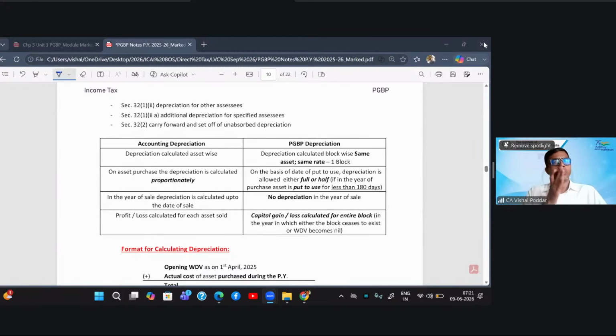No. Two laws, two subjects, two approaches. Like I'll put it another way. Even in accounts, you had SLM, WDV. Both had different ways of computing depreciation and were giving very different answers. But you never challenged, okay, this is right, this is wrong, or only this approach should be followed. No. Similarly, income tax has its own approach, which is very different from the accounting approach.